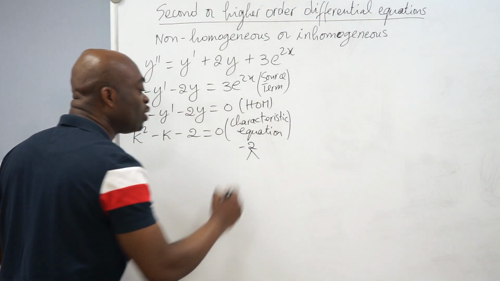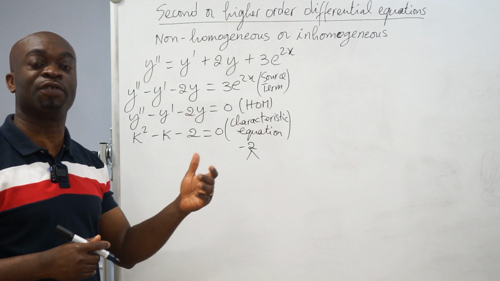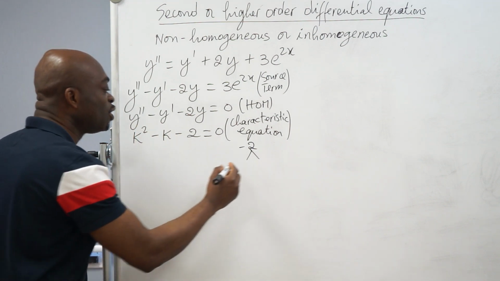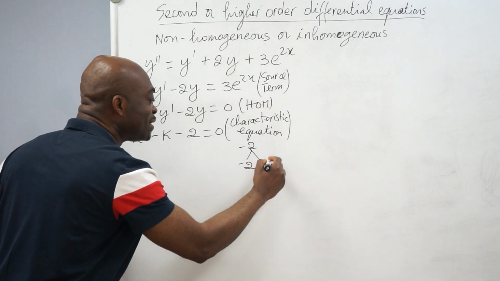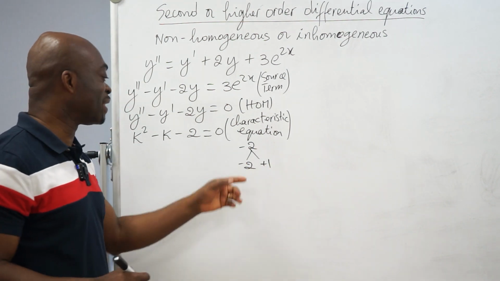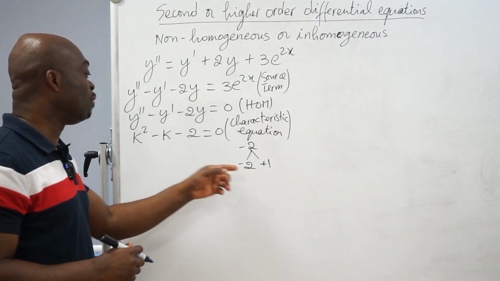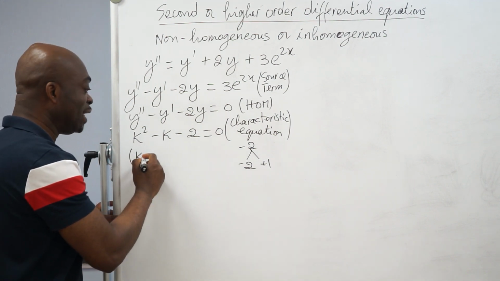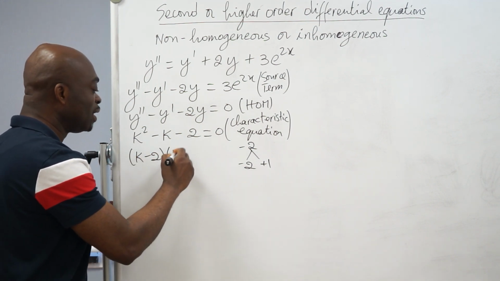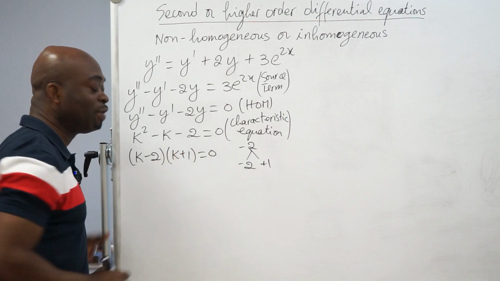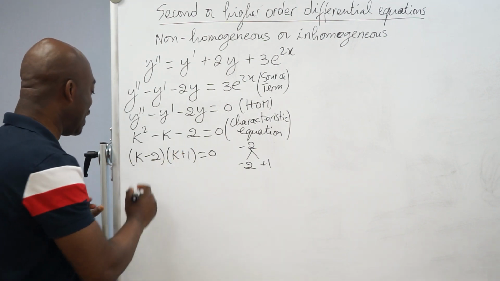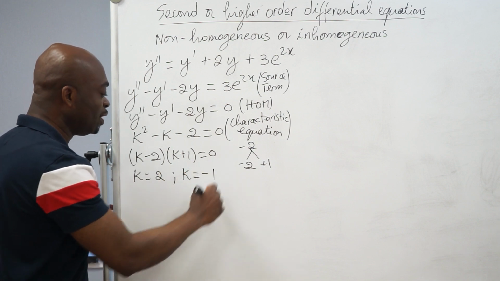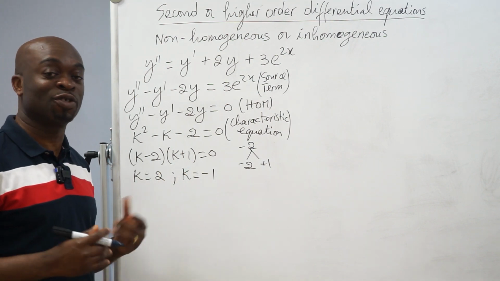So we're looking for two numbers that multiply to give you -2 and add up to give you -1. What would be those two numbers? It's going to be -2 and +1, because -2 times +1 is -2, and when you add them up, you get -1. So then you end up with k minus 2 times k plus 1 equals 0. Okay? And then from here, k equals +2, and k equals -1. Okay? So far, so good?